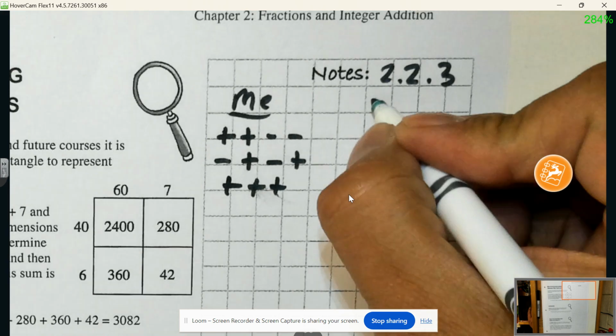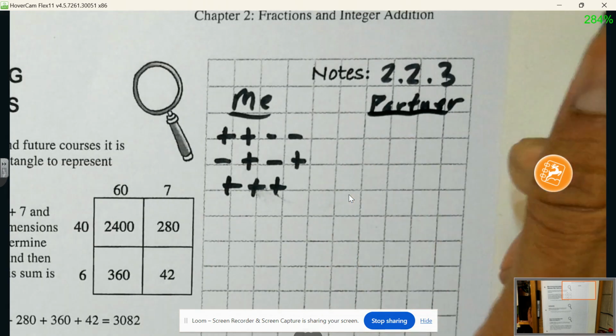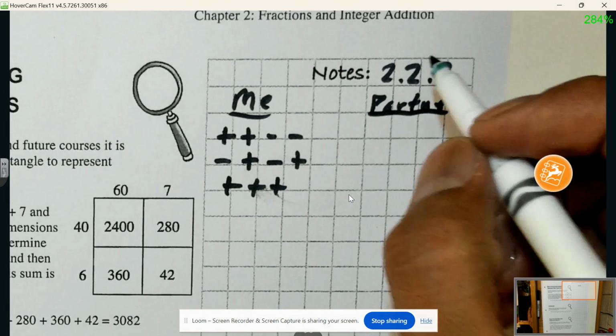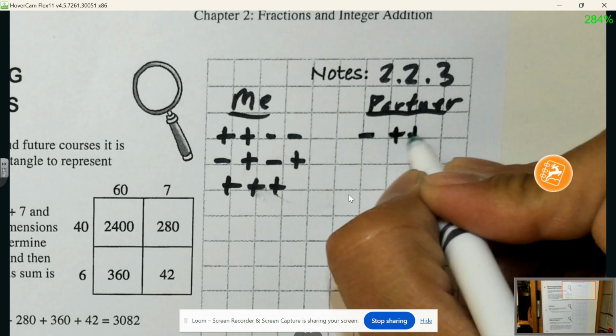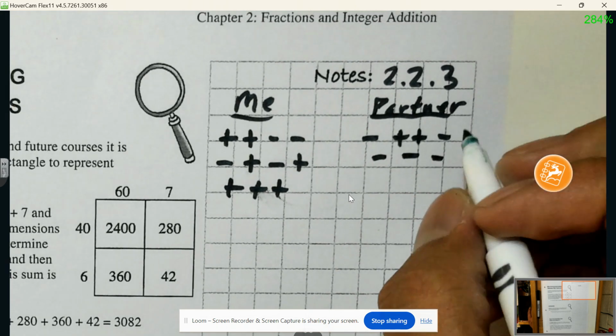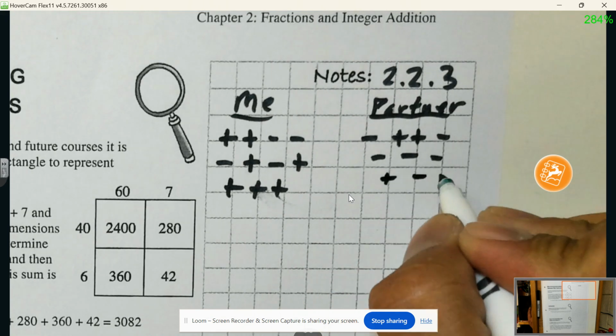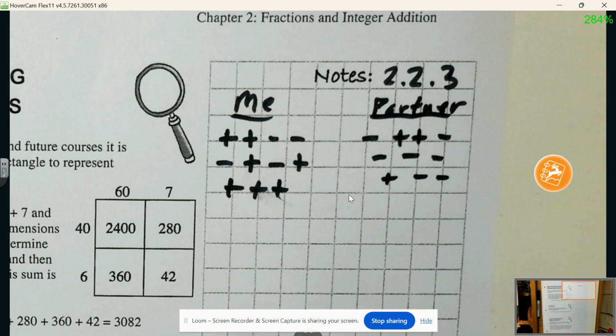And then you're working with a partner who has a collection of tiles, and you're trying to figure out who has more in their pile. Okay, so this is what your partner's looks like.